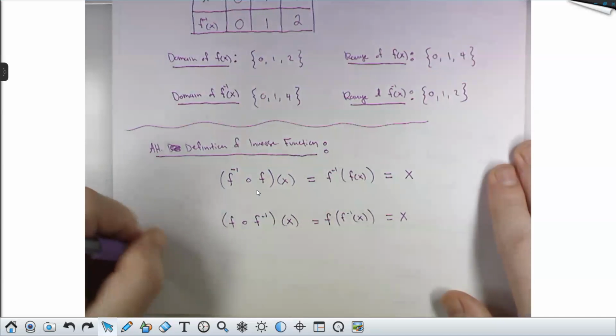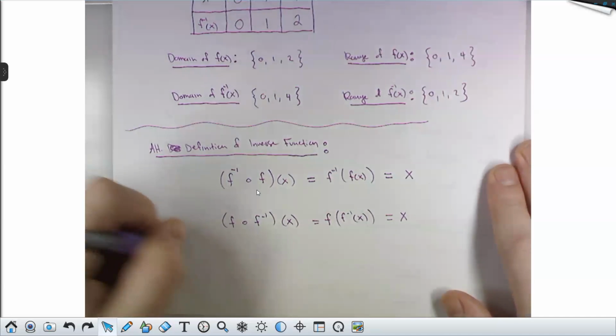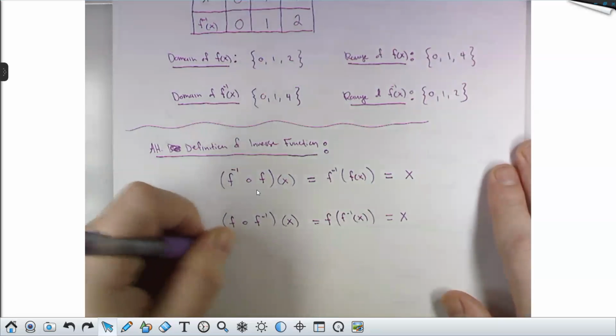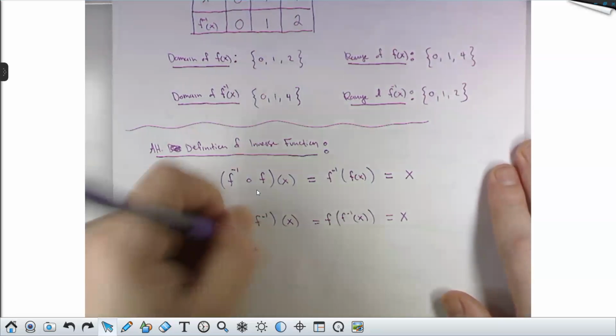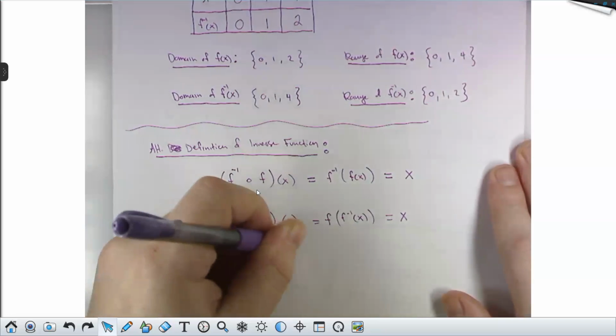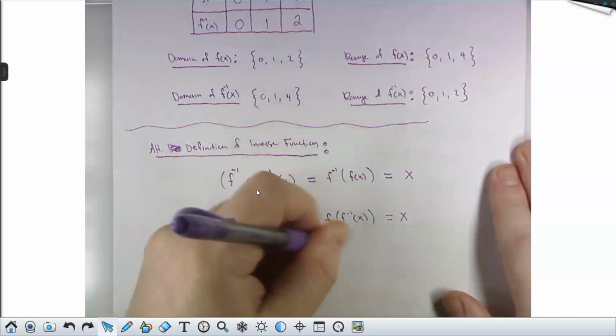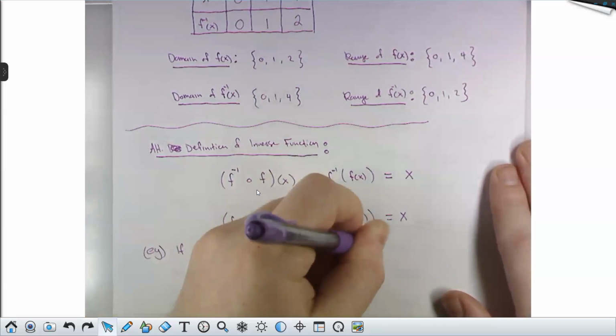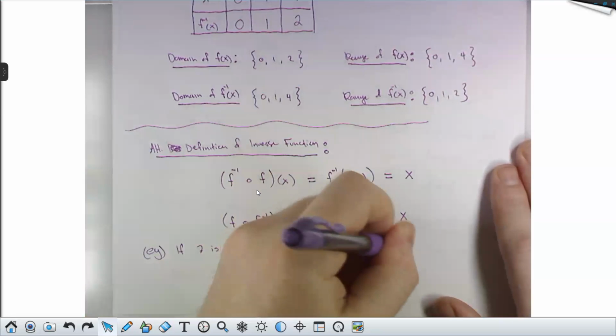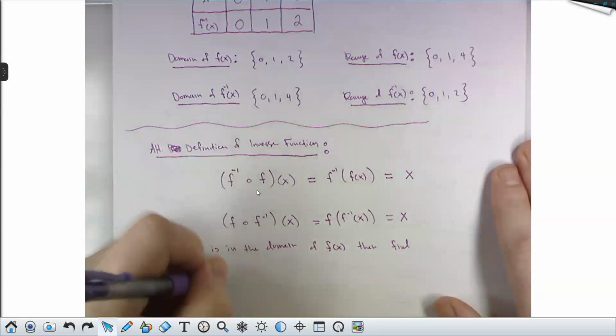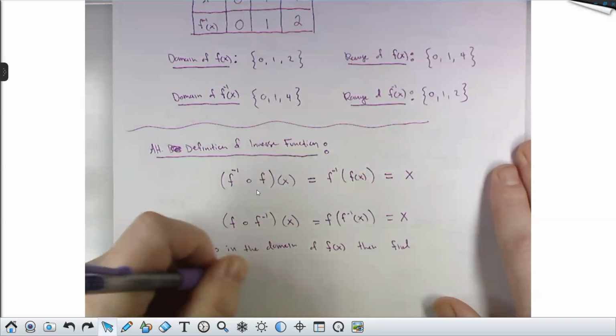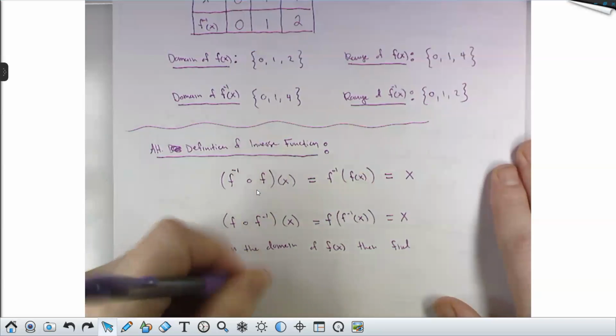So for example, if 7 is in the domain of f of x, then find f inverse of f of 7.